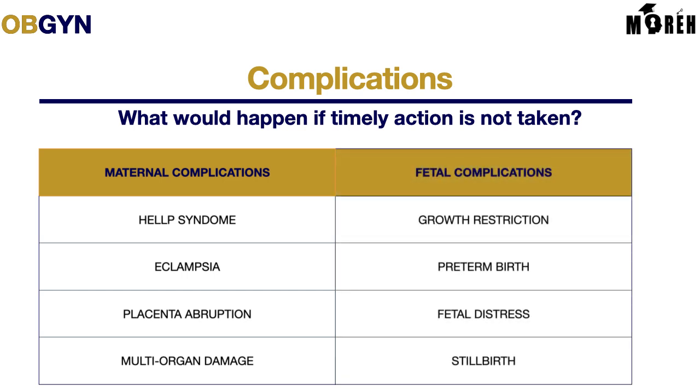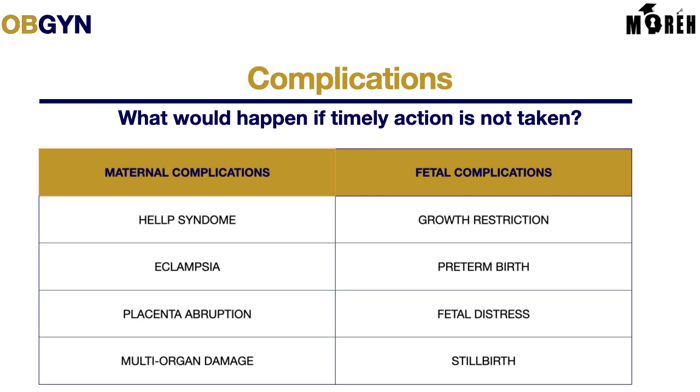On the fetal side, there's growth restriction. There's preterm birth. You'll notice that we're not even talking about 37 weeks. We kept on saying above 34 weeks, deliver the fetus. Above age of viability, before 34 weeks, give DEXA, deliver the fetus. So it's a risk factor for preterm labor.